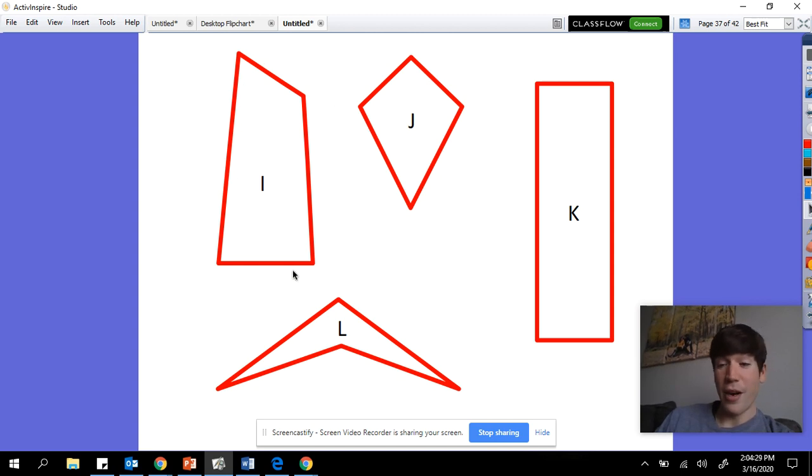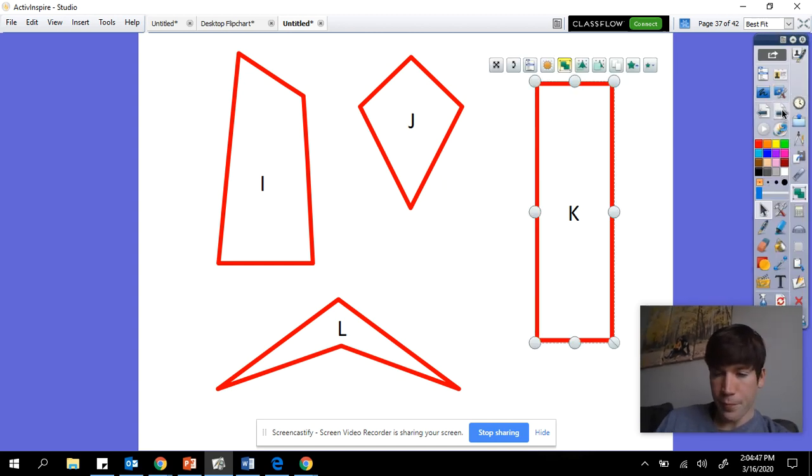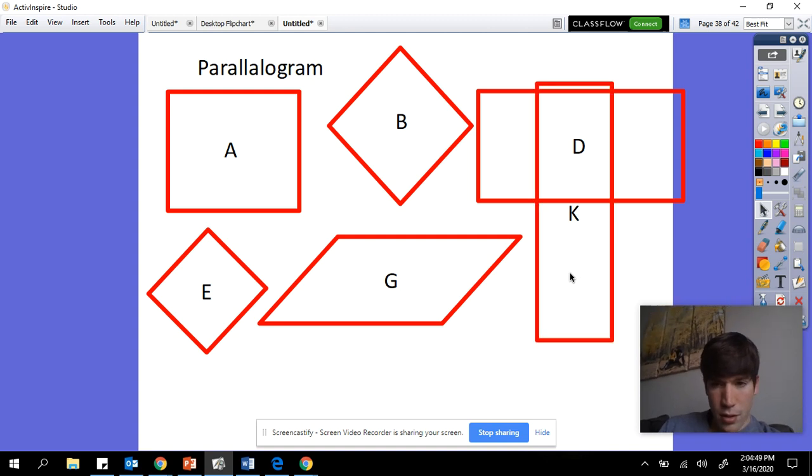The top and the bottom are not parallel. It actually doesn't fit any of those things, but it kind of looks like it does. J is also not. J is actually a kite. You'll notice these two lines are not parallel, nor are they the same. K is a parallelogram.